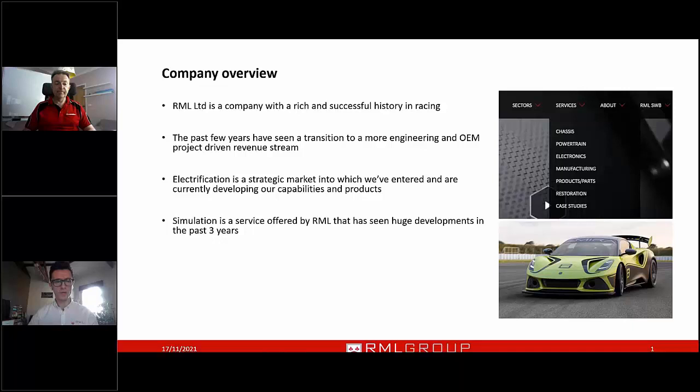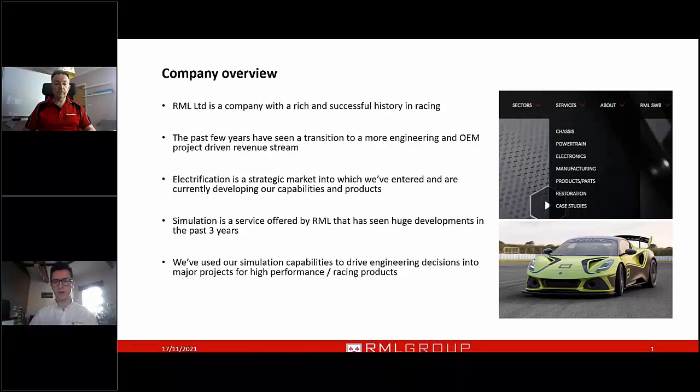Another big area where we've been concentrating in the past few years has been simulation. Hopefully one of these days simulation will be part of the services that RML offers. We have been using the simulation capabilities that we have to drive important decisions in our major projects around high performance and racing products.